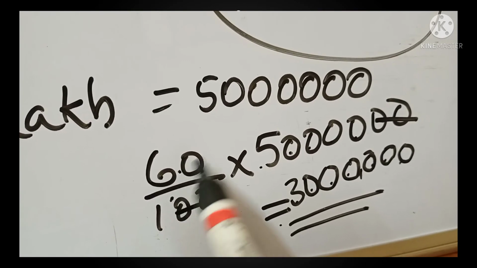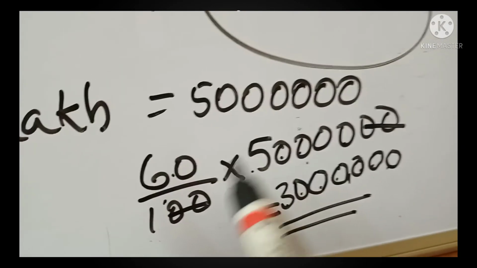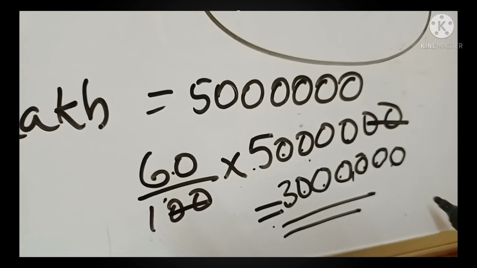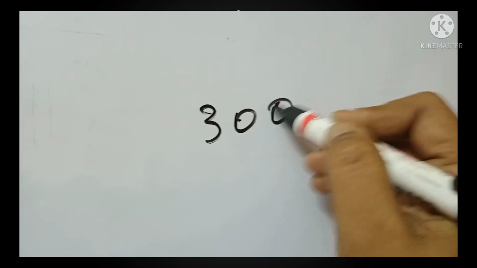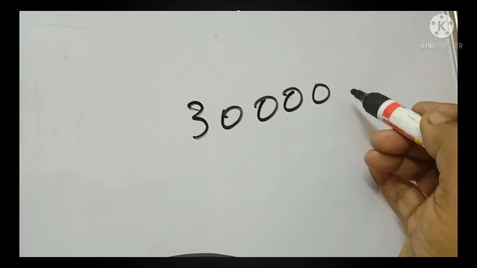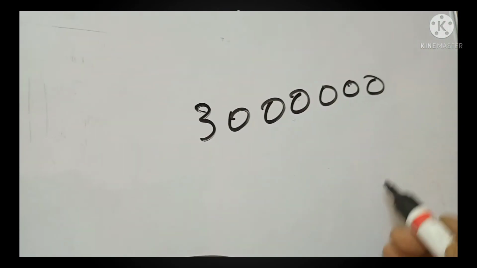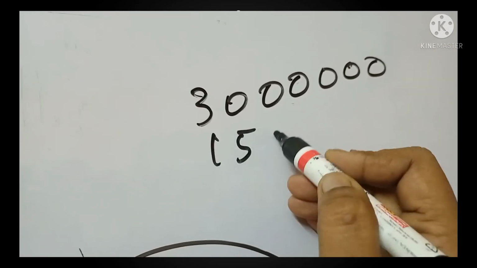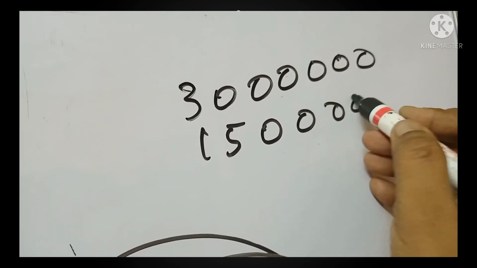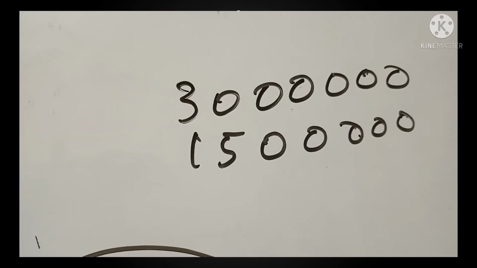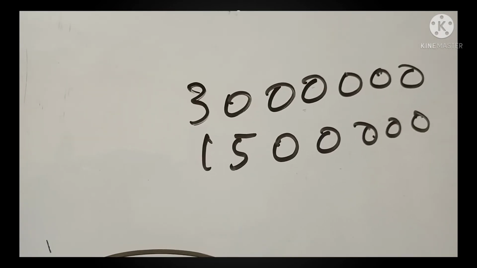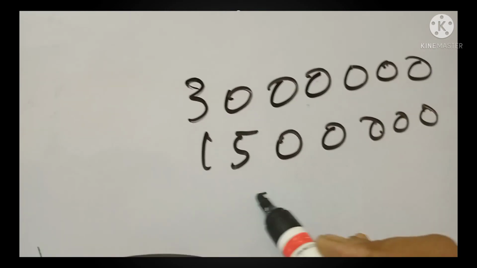Then out of 50 lakh, how many like football? 30%, that means 15 lakh. So 30 lakh like cricket, 15 lakh like football, and the remaining is 5 lakh.